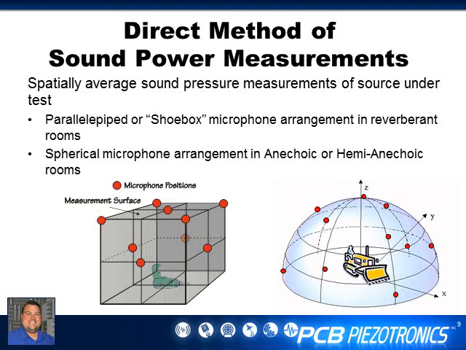The methods where you perform the measurements in an anechoic room or in a free field, a hemisphere is set up so that you are collecting measurements equidistant from the center of the source. And you see both of these methods outlined. This is the parallel pipette or shoebox method, and this is the hemisphere method.